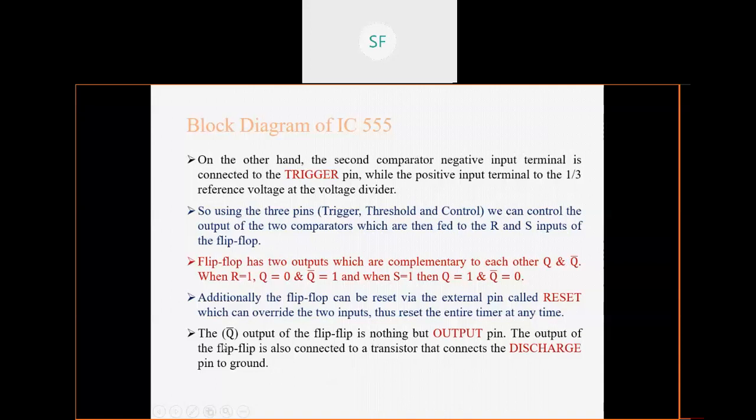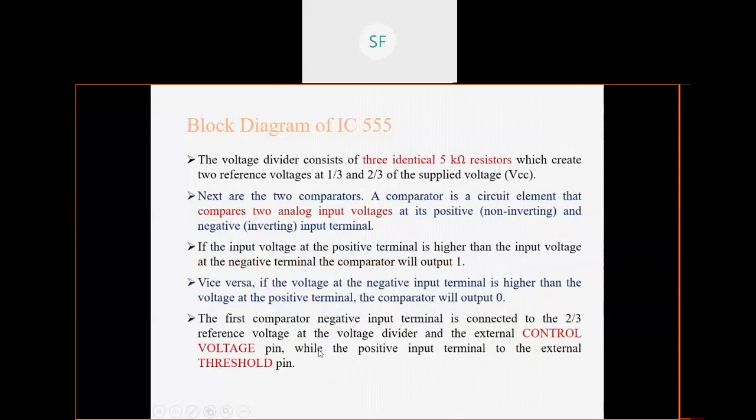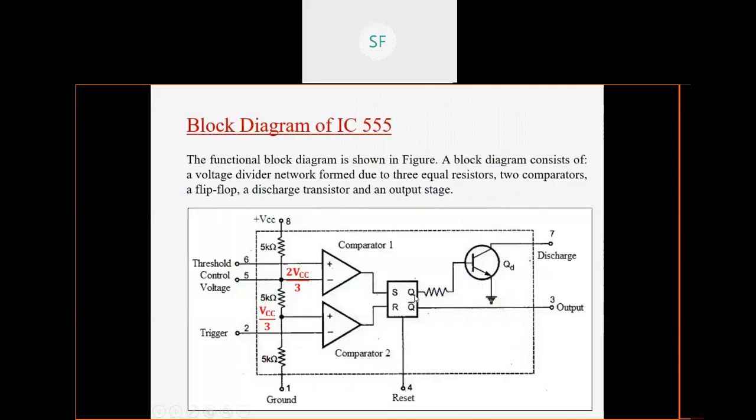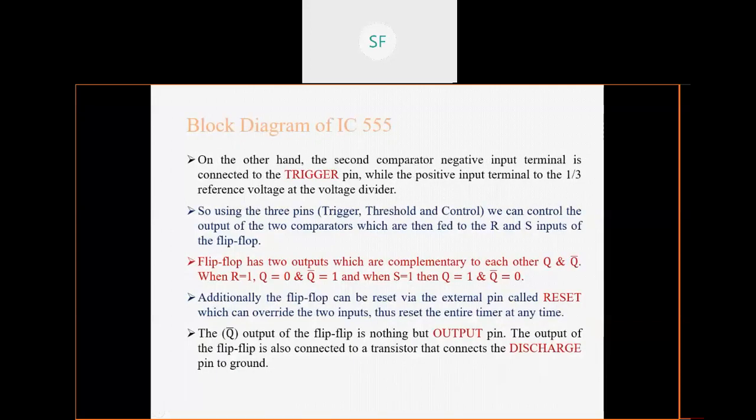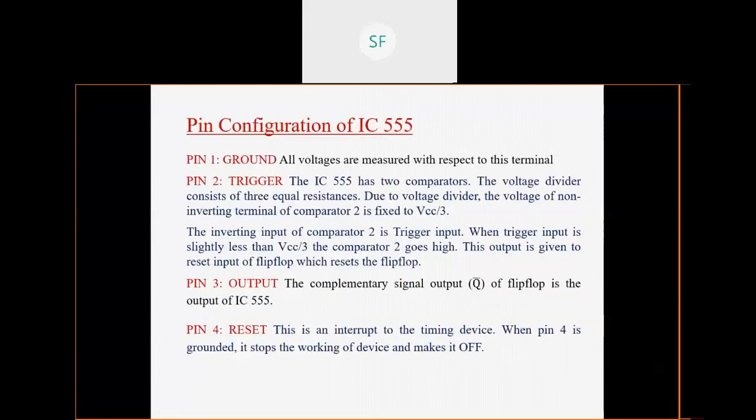One output of the flip-flop is the output pin of your IC 555, and another output is given to the discharge transistor, and this pin is called the discharge pin. So these are just the circuit description we have just discussed.